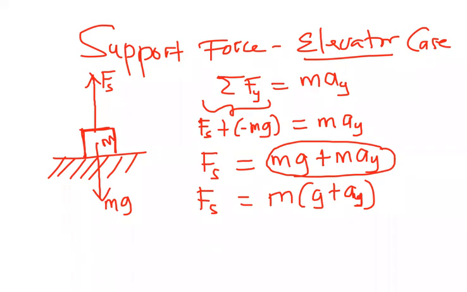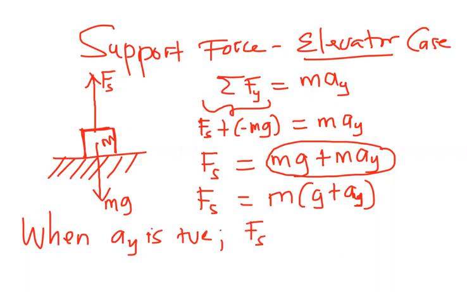If acceleration is positive, then the support force will be larger than the weight, which makes sense. When Ay is positive, it entails that the support force will be larger than the weight, because this component here will be positive.